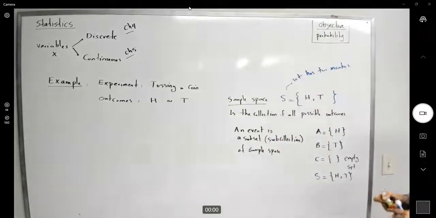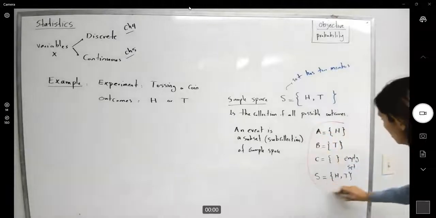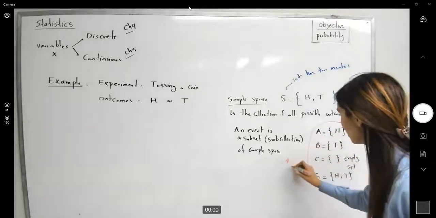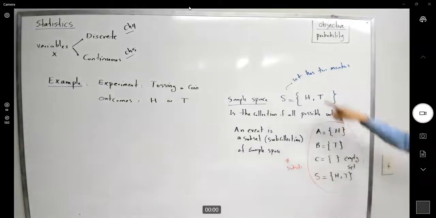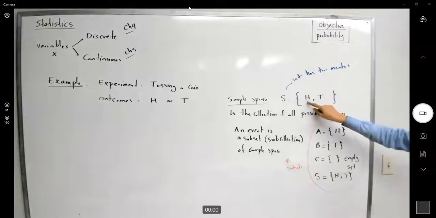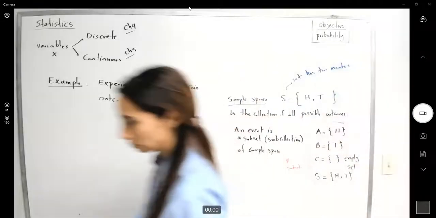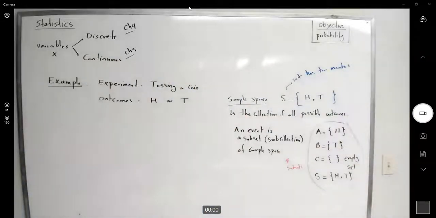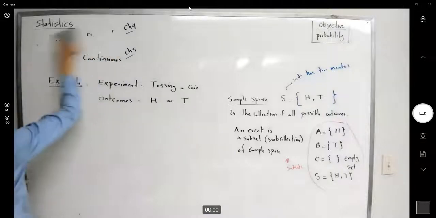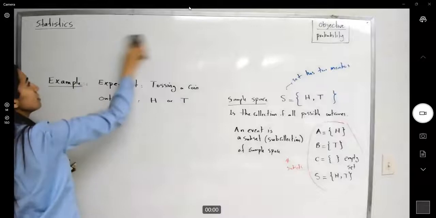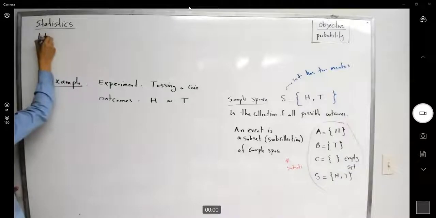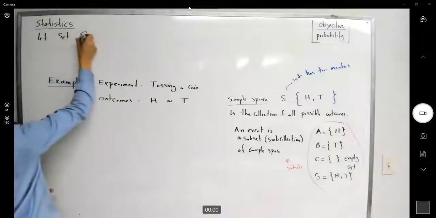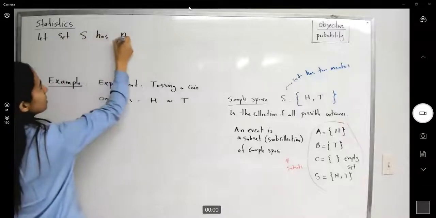So I'm going to write down the formula for you. Here we have 4 subsets. Where does this come from? Note that here I wrote down for you, this set has 2 members. If you have a set with n members, this is a set theory definition. Let set S have n members.